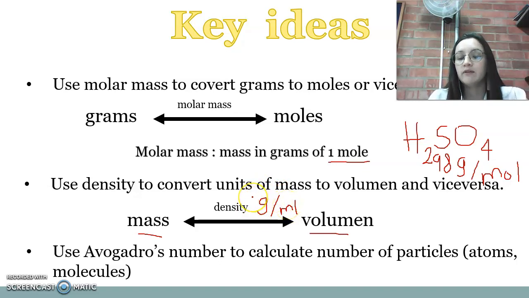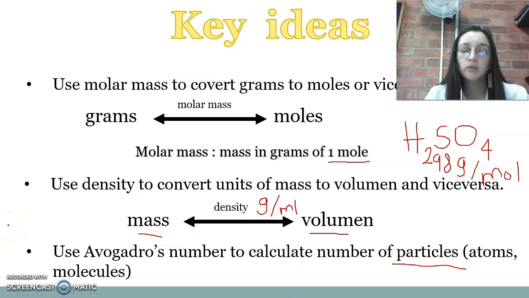So if I have the density of a compound, it is how many grams I have per milliliter of that substance. That's why the density is useful. And finally, we also use Avogadro's number, which is used to calculate the number of particles, in this case the number of atoms or number of molecules, if you are asked to do that kind of calculation.